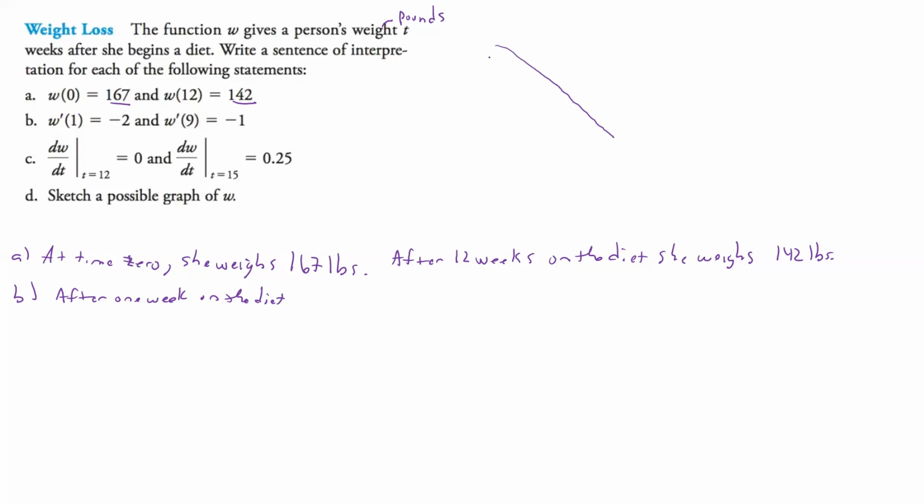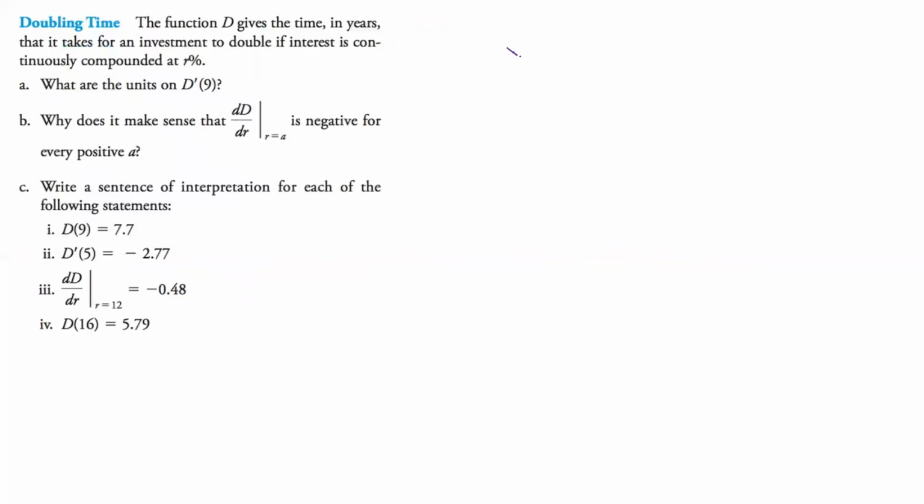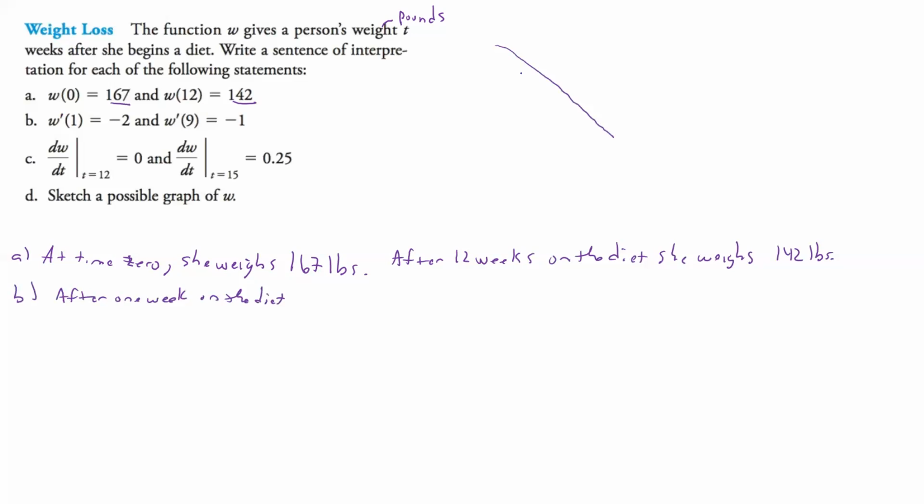We have to think about that because we have to actually sketch this graph. But it's coming down, and we have this tangent line, and that tangent line has a slope of -2.